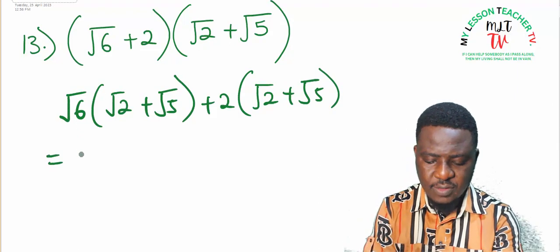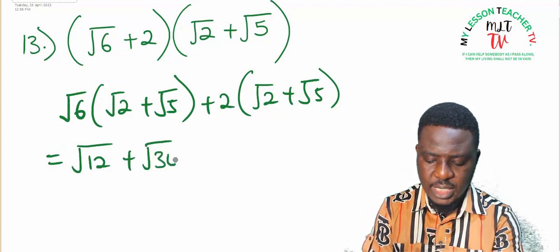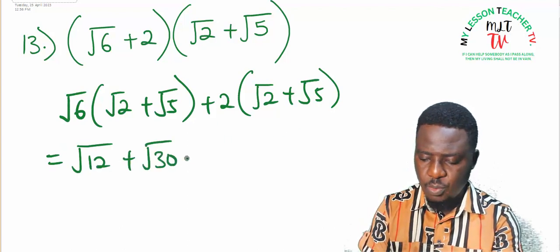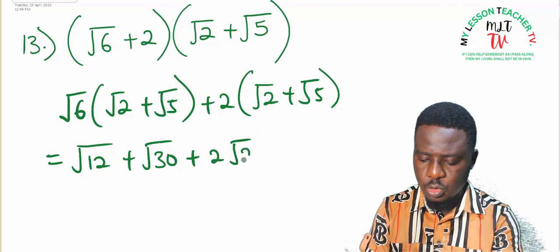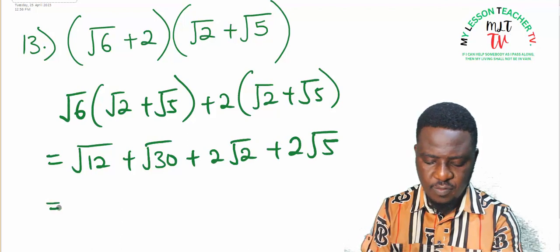When you simplify this further, it gives you root 12 plus root 30. Do the same with the second bracket, plus 2 root 2 plus 2 root 5.